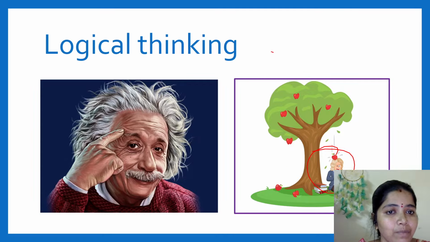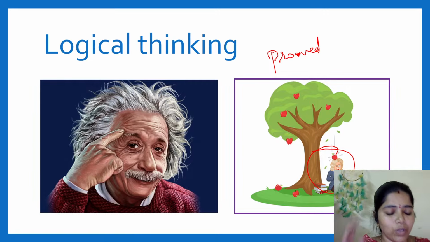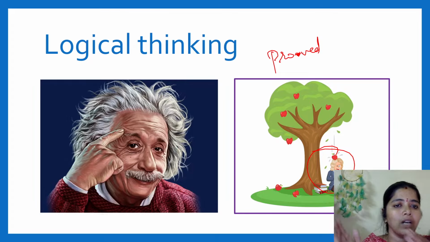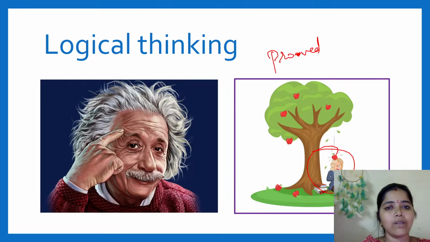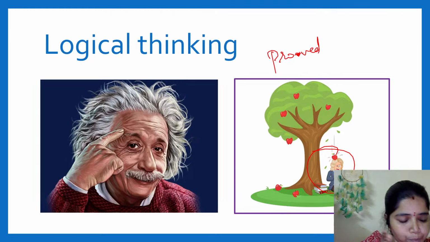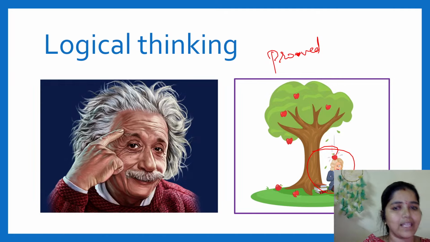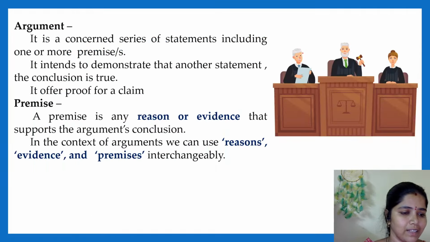See, there is a term here called proof. He proved. So anything we say as logic needs to have an argument, we have to prove that it is true, whether it is true or false. Anything that comes under logic will be either true or false. This is the basic ideology about logical thinking.